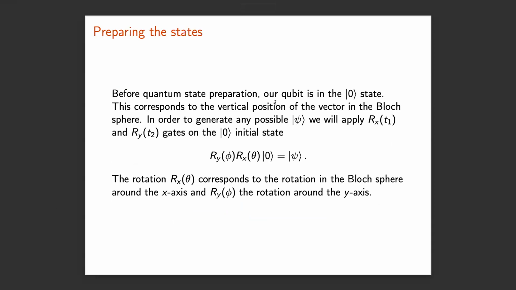Before, typically, you would have a qubit in just a 0 state, and that corresponds to the vertical position as we discussed last time. You could think of that as a qubit pointing to the North Pole in this Bloch sphere. And then you will apply these operations on this initial state. And then you have this angle theta and phi, which are the parameters which we want to optimize.